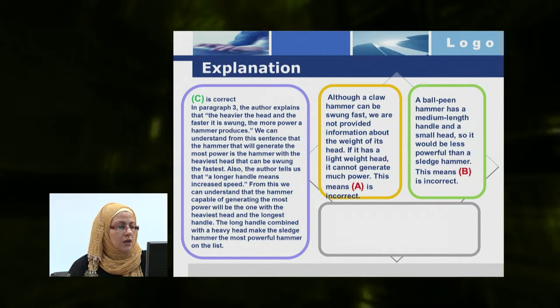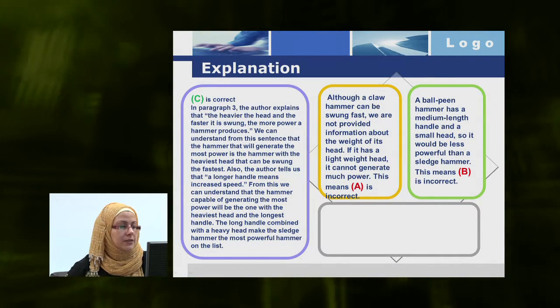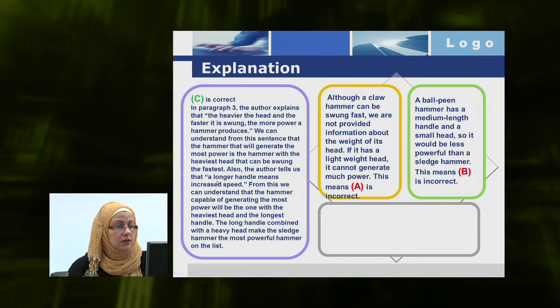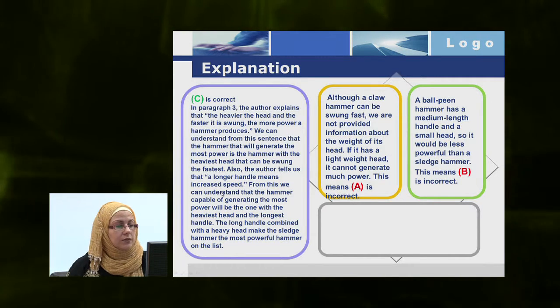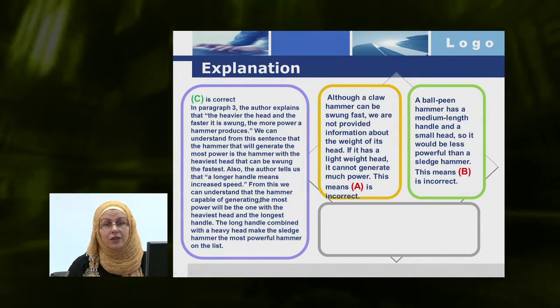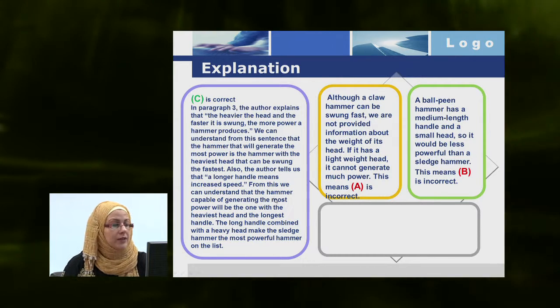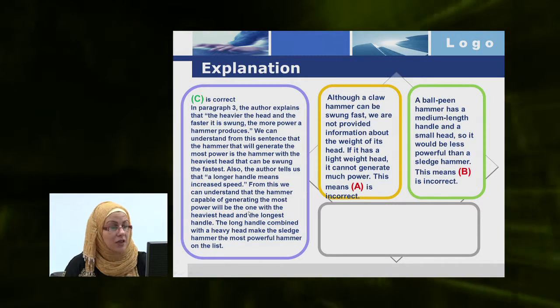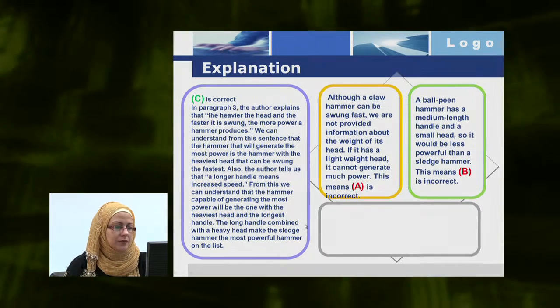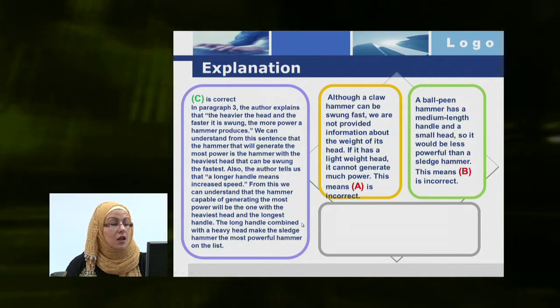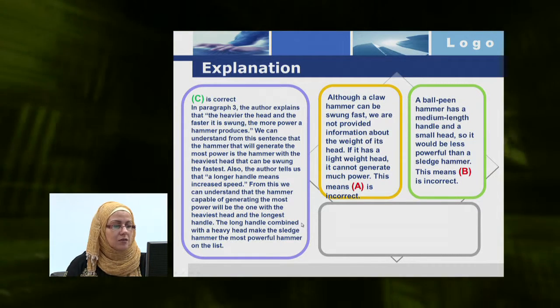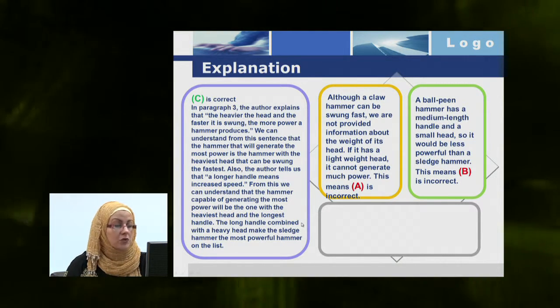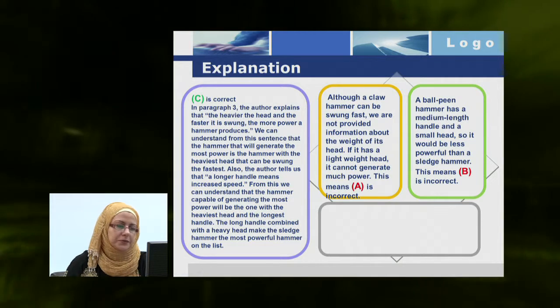Also, the author tells us that a longer handle means increased speed. From this we can understand that the hammer capable of generating the most power will be the one with the heaviest head and the longest handle. The long handle combined with a heavy head make the sledgehammer the most powerful hammer of the list.